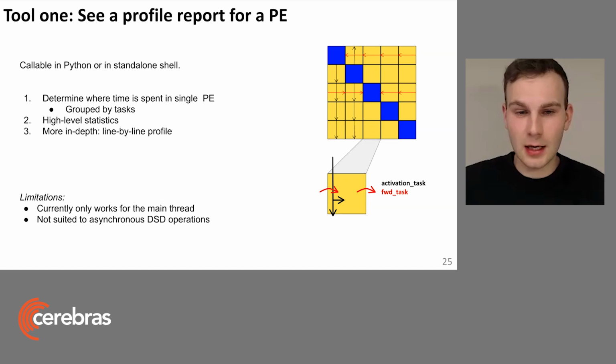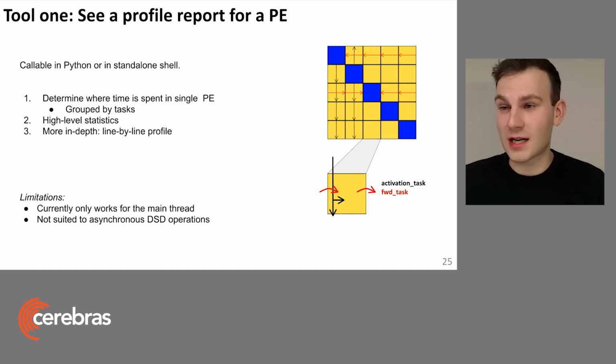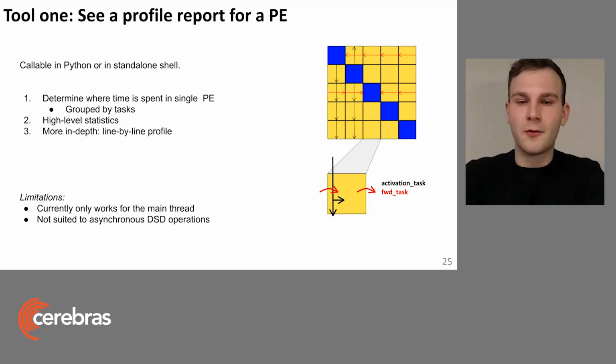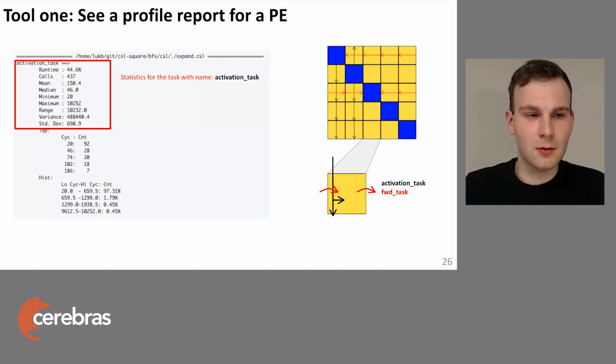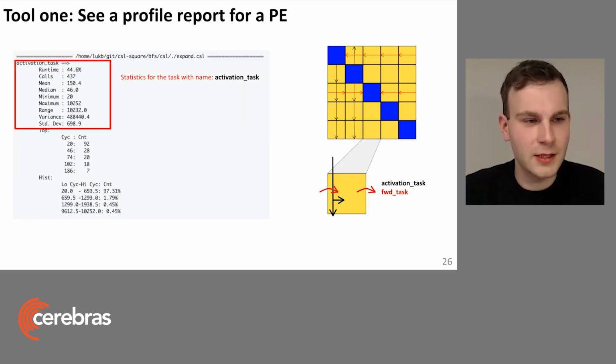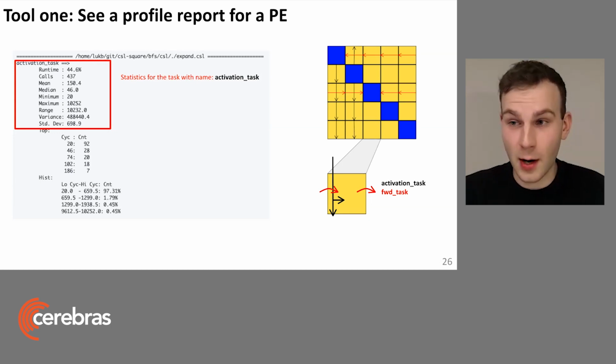And as you can see here in our approach, when looking at this PE, we have this activation task, which accepts the broadcast, and then we have a forward task, which is responsible for the reduction, for the forward phase. When we look at the output of our profile generator, we can see that the activation task only takes 44% of the runtime, which is not necessarily good, because that means we spend more than 50% on the forwarding task.